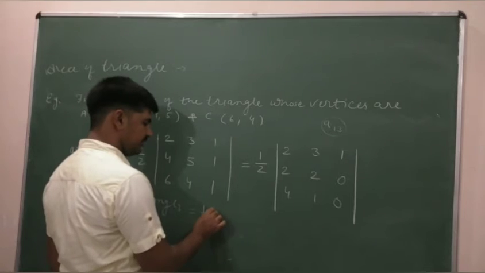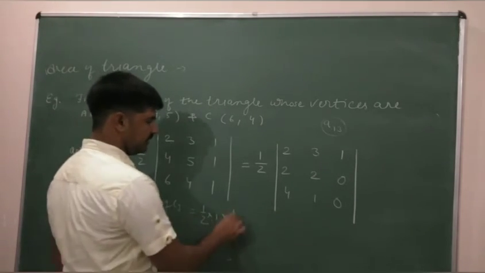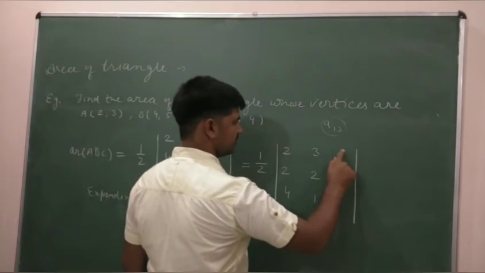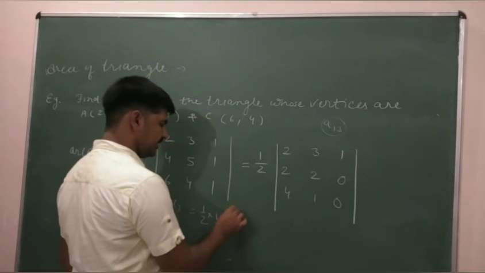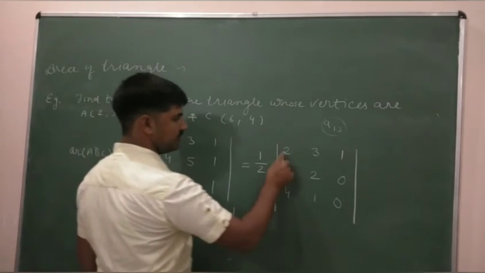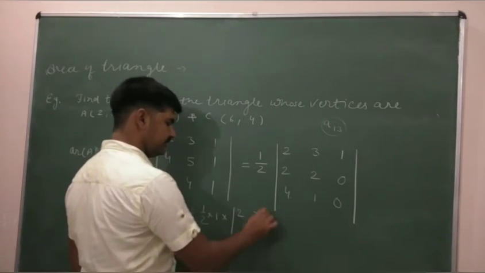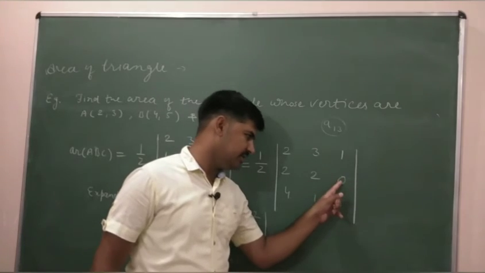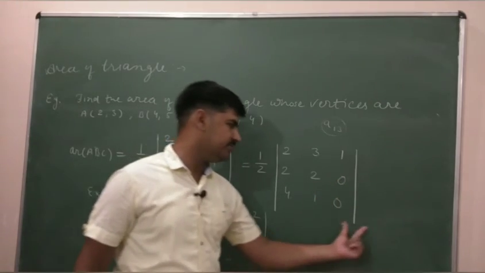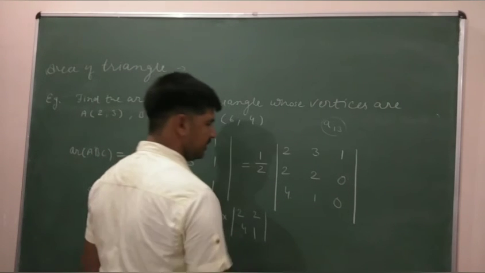So positive, that 1, here it is multiplied. So 1 multiplied by a determinant, leaving the first row and first column. So 2 minus 8. Here you will be getting a determinant, leaving this row and this column: 2, 2, 4, 1. I don't need to write the next two terms, plus 0 times and minus 0 times, because both of the terms will be zero.